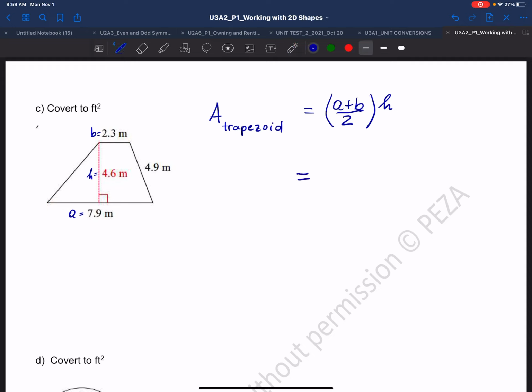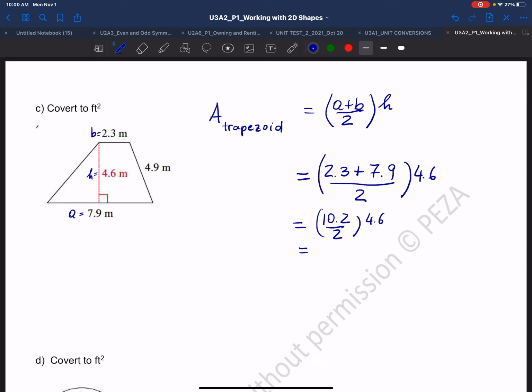So let's substitute. We have the base 2.3 plus 7.9 divided by 2 multiplied by the height, which is 4.6. So that would be 2.3 plus 7.9, that's 10.2, over 2 times 4.6.